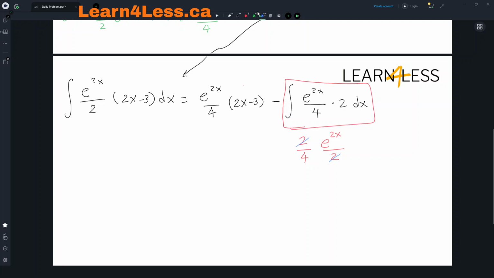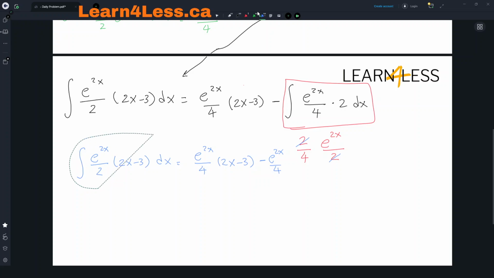So overall, this integral, let me just write that again, e to the power of 2x over 2 times 2x minus 3 dx is this part, which is e to the power of 2x over 4 times 2x minus 3, minus this integral, which is basically e to the power of 2x over 4.